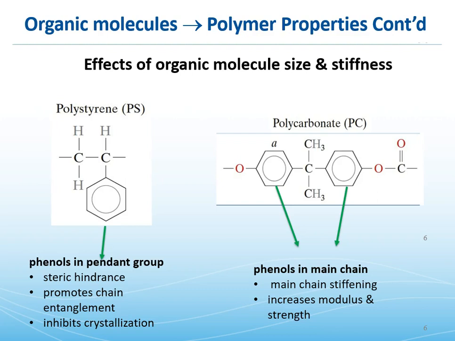So if you envision this chain going out to both sides, almost infinitely long, from the point of view of, say, 1,000,000 repeat units, and it tries to fold over on itself or tangle itself up to give us some mechanical integrity, those big phenyl groups are going to prevent the chain from folding in and entangling quite so closely.